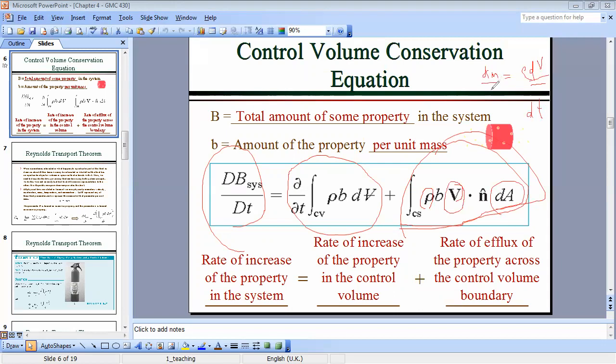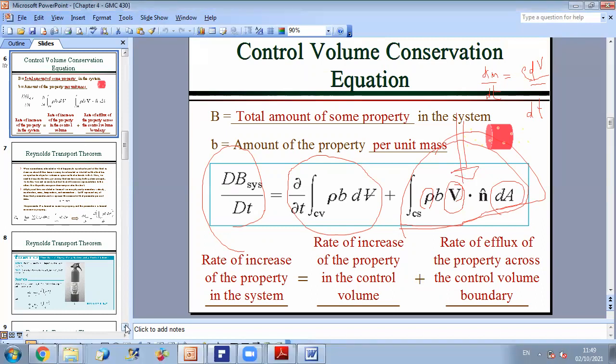So dm by dt is rho dV by dt. And the derivative of volume with respect to time will be equal to the velocity times the area. This is our purpose, to demonstrate this term now.